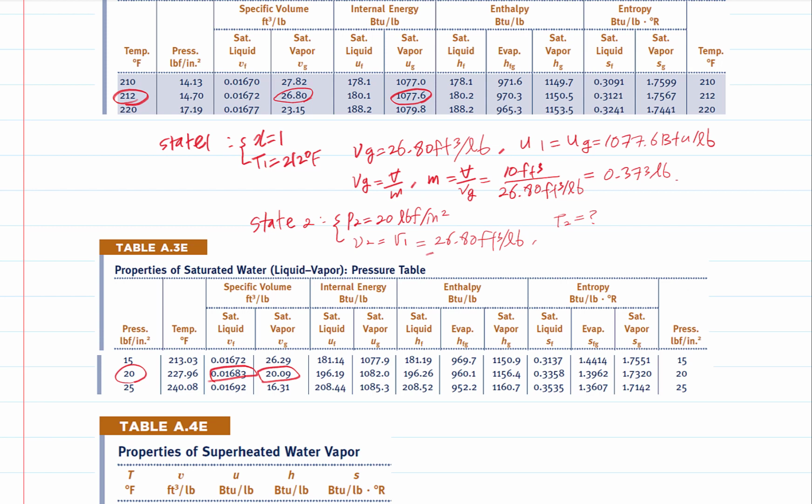But the specific volume we calculated at state 2 is 26.80, which is greater than the specific volume of saturated vapor. So it suggests that the phase at state 2 is superheated.